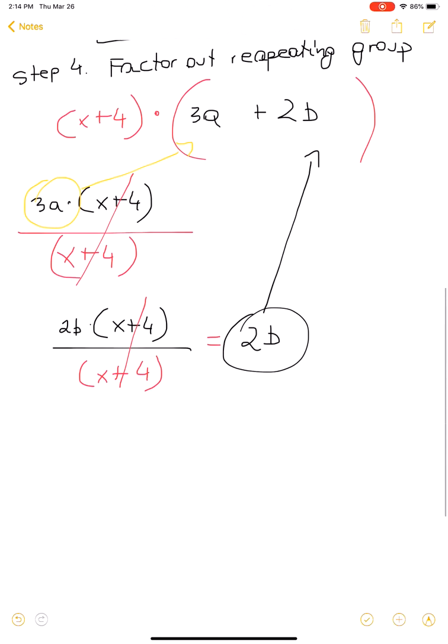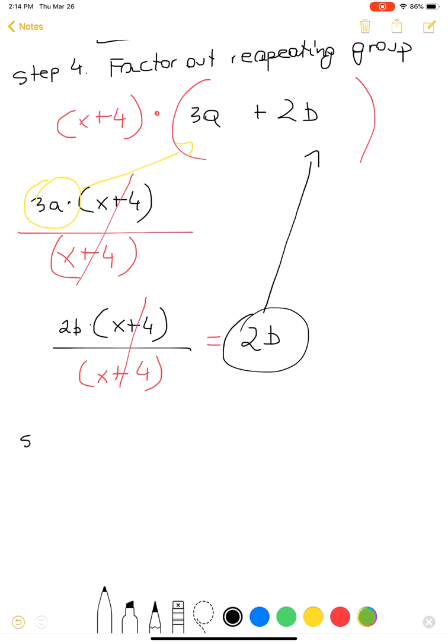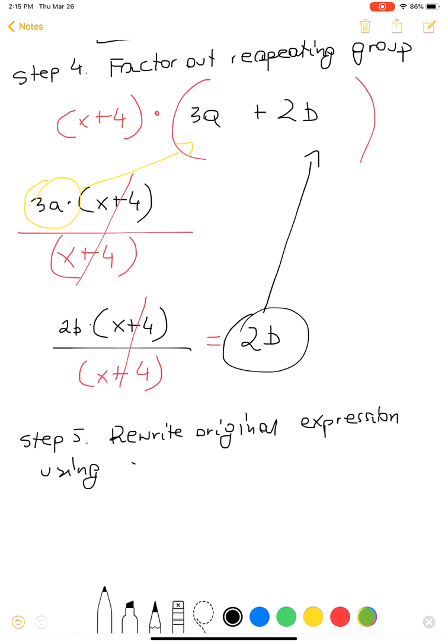So step 5, rewrite the original expression using factors.